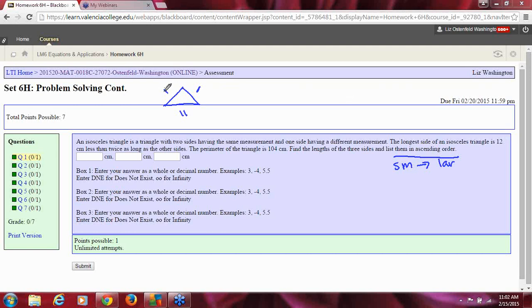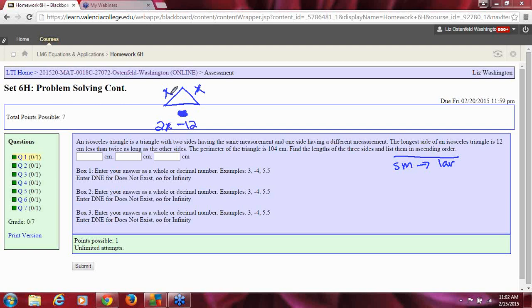So I'm going to go ahead and label these bad boys as X. They match. They're both the same. So whatever X is, they're both going to be. This side here, which we know is different, is 12 centimeters less than, so I know it's going to be minus 12. 12 centimeters less than twice as long as the other sides.